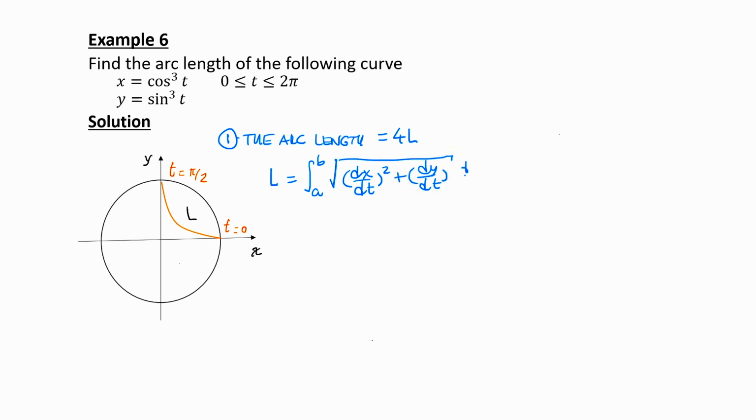And then we integrate with respect to t. Alright, now let's substitute values. L will be equal to the integral from a to b, but a is 0 and b is pi over 2.